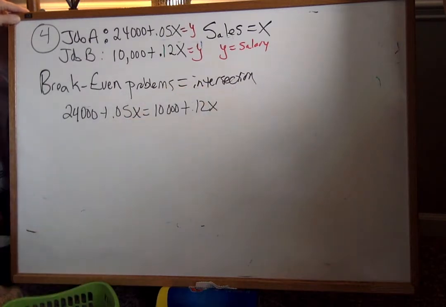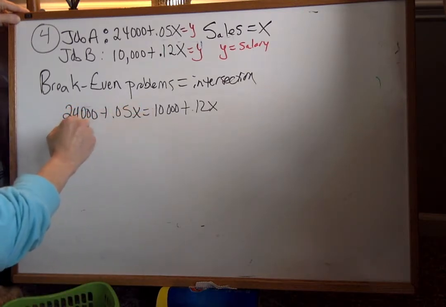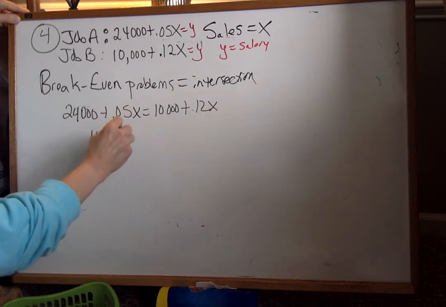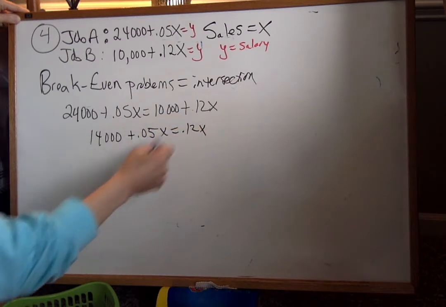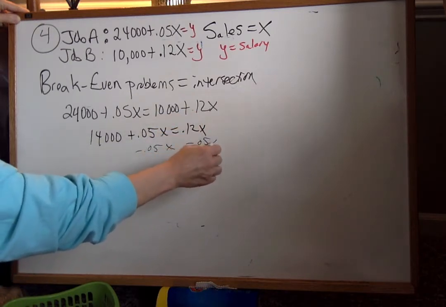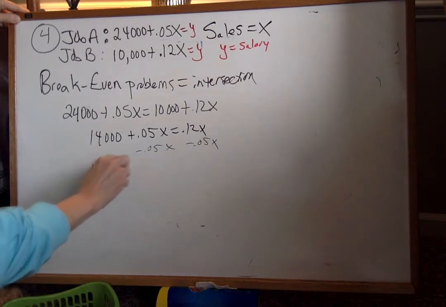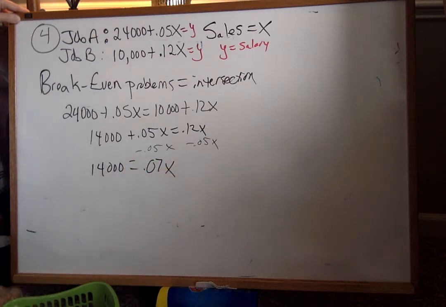So if you haven't solved this, pause the video and solve this. Let's see, I can move the 10,000 that way, so minus 10,000. Now I can subtract the 0.05x. 14,000 equals 0.07x.